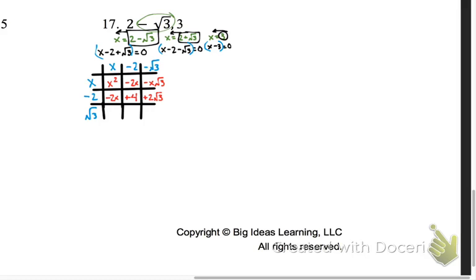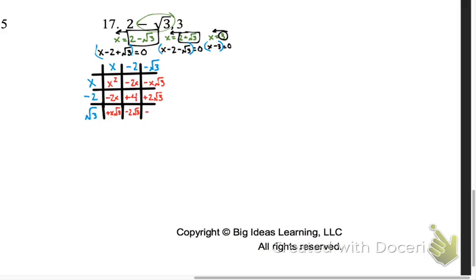Last part is going to be a positive x and a positive square root of 3, which is going to give me a positive x times the square root of 3. Negative 2 times the square root of 3 is going to give me a negative 2 times the square root of 3. And then negative square root of 3 times a positive square root of 3 is going to be what?